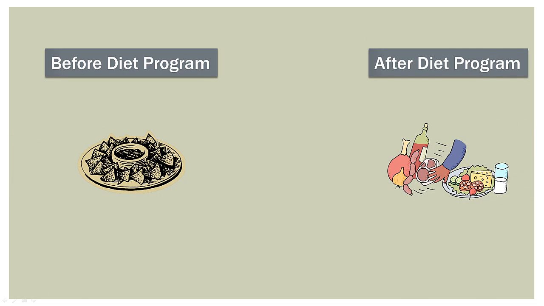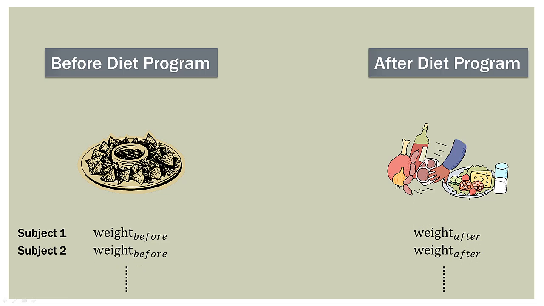Before the diet, they could eat a big plate of nachos. Now after the diet program, they cannot. So all that stuff is out of the way, and they have a nice green salad. So we're looking at subject 1. We calculate his weight before the diet and then again after the diet. Then we have subject 2, and we have his weight before the diet and then his weight after the diet, and so on and so forth for all 10 subjects.